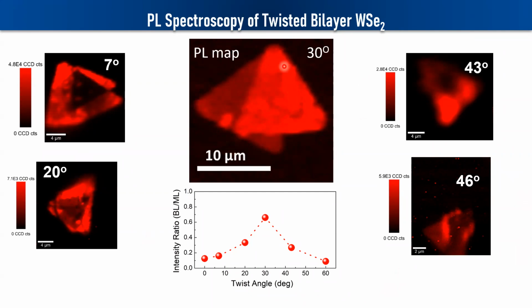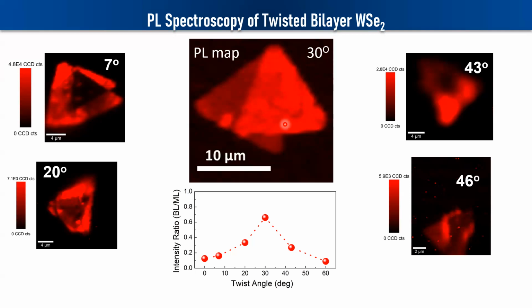Whereas if you go to 30 degree, you can see that in the overlapping region, there is no quenching of the PL. And this has been seen in more samples of 30 degree twisted WSe2. And this clearly shows that now these two layers are actually behaving as two independent monolayers.